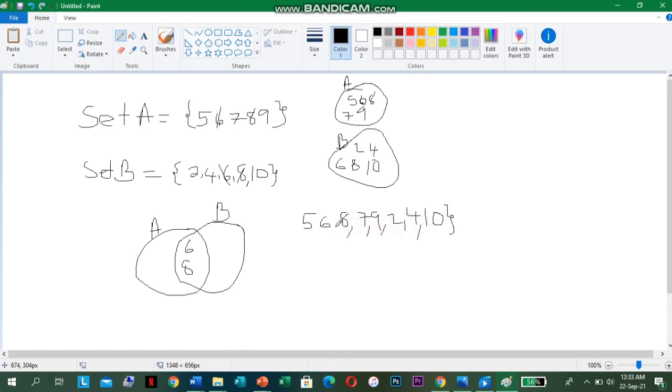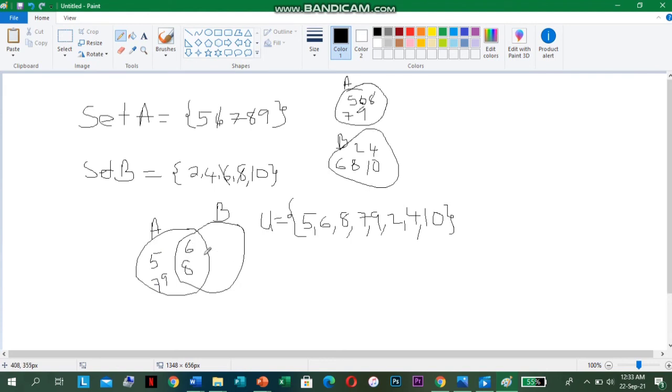Pay attention, class, to the universal set. So we want to write now the subsets of the universal set. So in set A, we already put 6 and 8, so it's just 5, 7, and 9, because 8 and 6 are common to both sets.